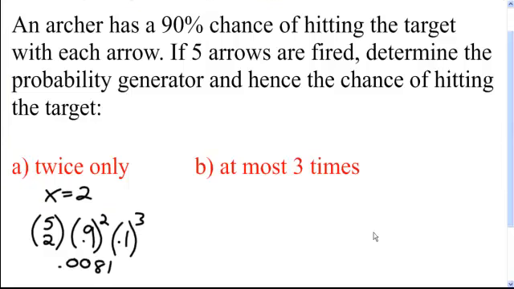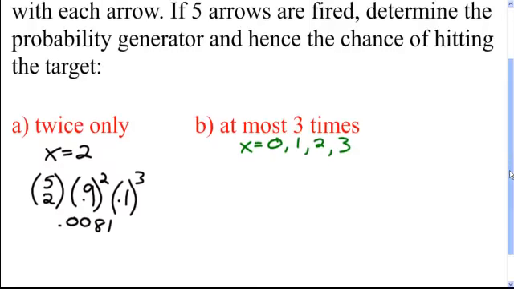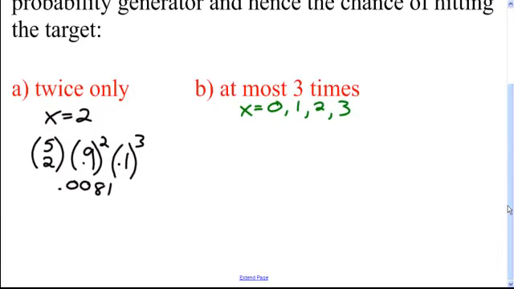So if it's at most 3 times, then we want X to equal 0, 1, 2, or 3, because it's at most 3 times. So then I have to do all of these 0, 1, 2, and 3. So I already calculated 2 over there, but I still have to calculate the rest. So if it's 0, if you think of Pascal's triangle again, it's going to end up being 1 as a coefficient. So it's 0.1 to the 5.